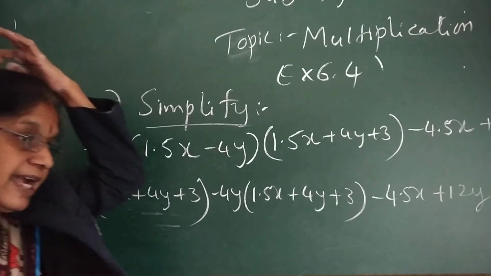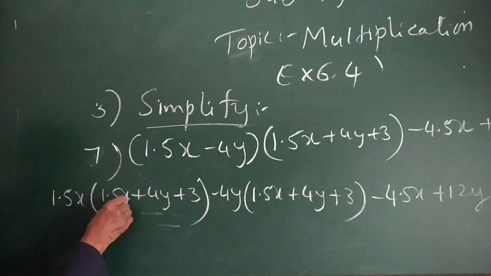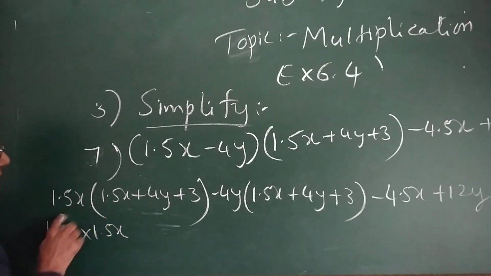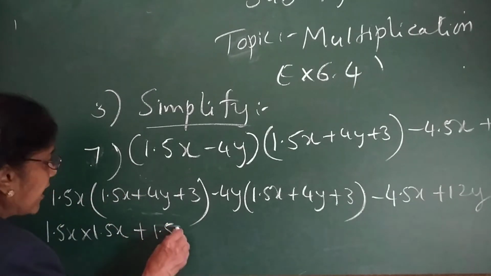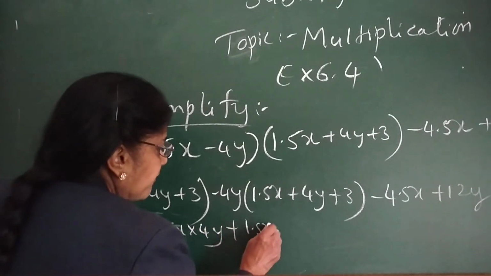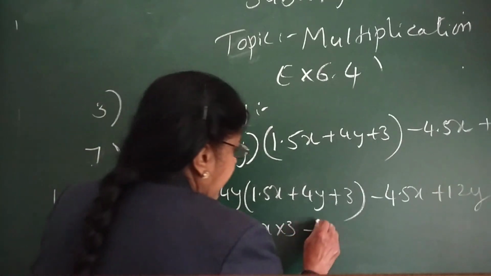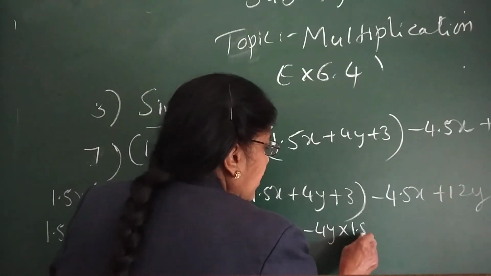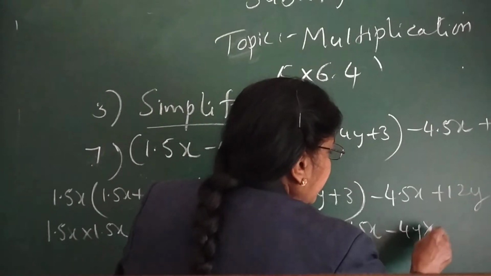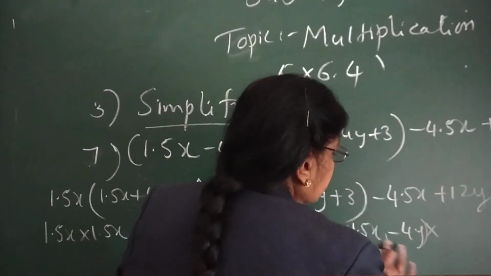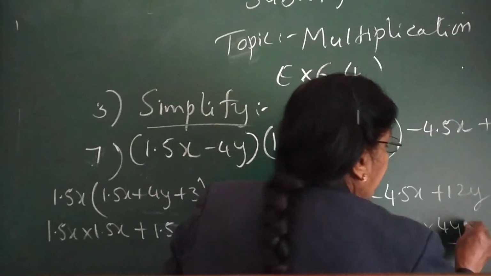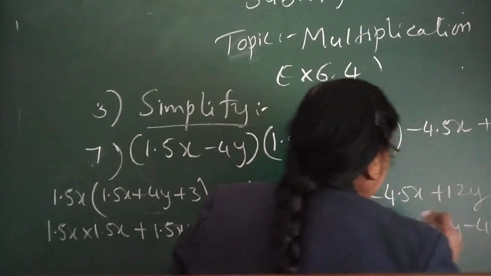We cannot multiply it. 1.5x into 1.5x, plus sign, 1.5x into 4y, plus sign, 1.5x into 3, then minus 4y into 1.5x, minus 4y into 4y, then minus 4y into 3.